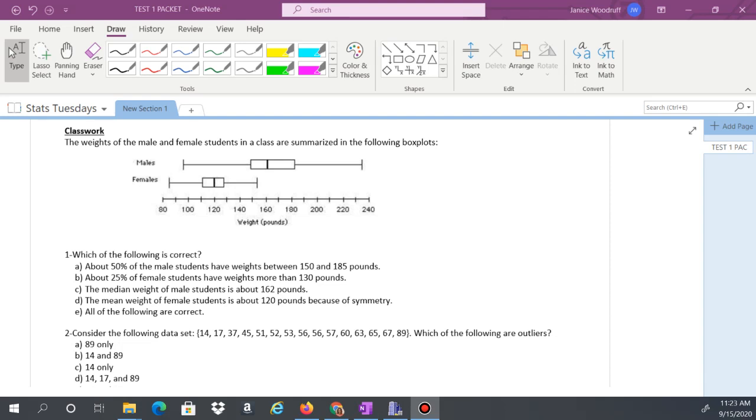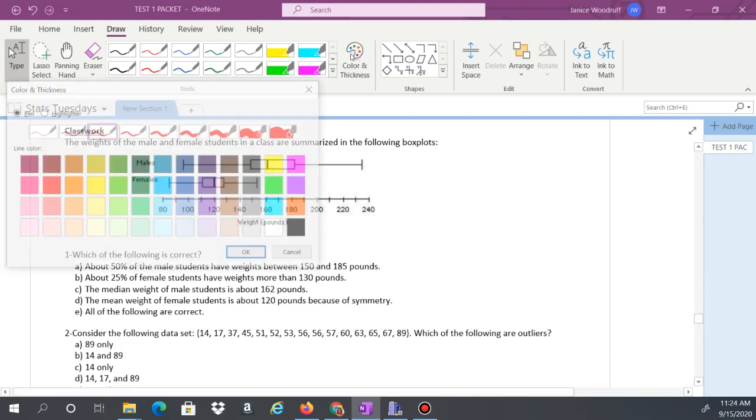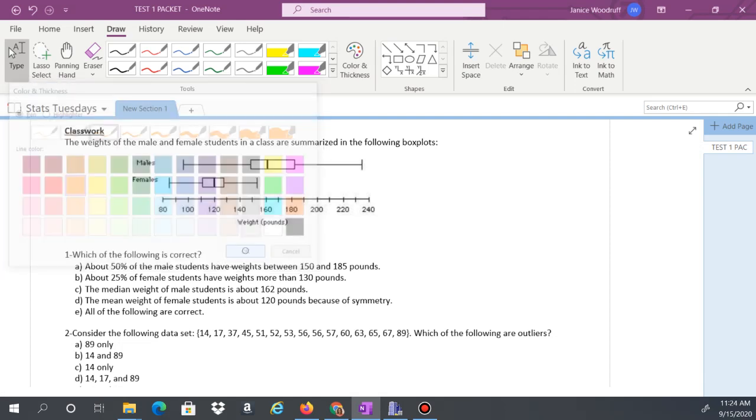Okay, let's take a look at these problems. So we have a box plot. It's 2 box plots, okay, separated by males and females, and it is in a class, and it is the weight of these students. Okay, so we want to go, which of the following is correct? So let's take a look at these.